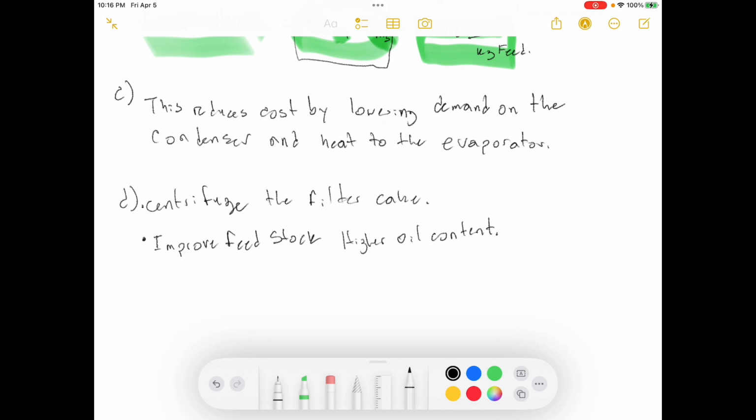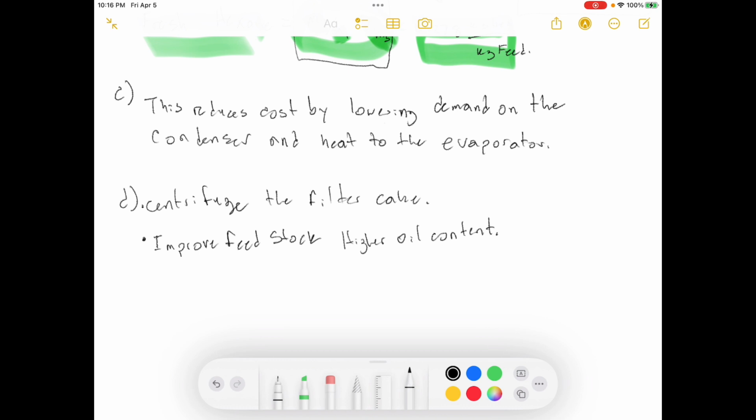And so then you can pull the liquids from the center of the centrifuge, and then you can scrape out the solids kind of at the back end, okay? But solids handling is pretty tough, so it may or may not work.